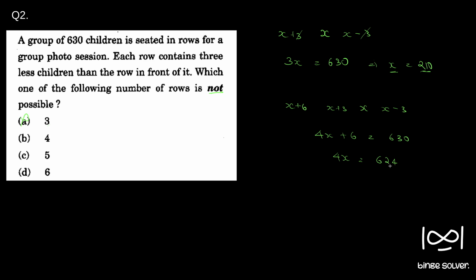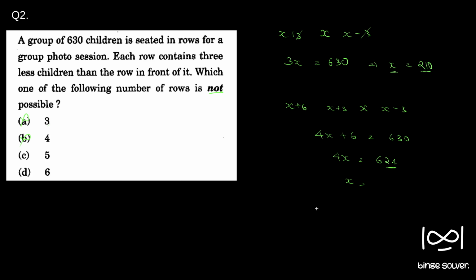So divisibility by 4 can be checked. If the last 2 digits are divisible by 4, and as you can see, it is divisible by 4. So 6 into 4 is 24. So we need not find the x, but it is divisible by 4 and x is a whole number. So 4 is also not the answer.